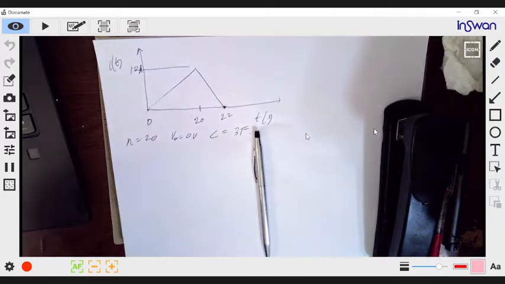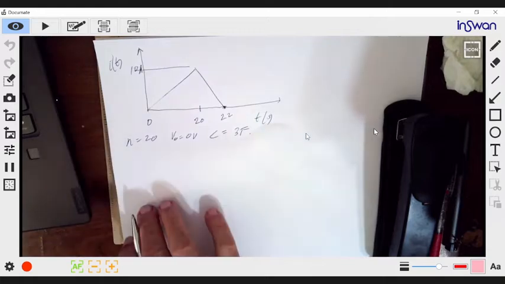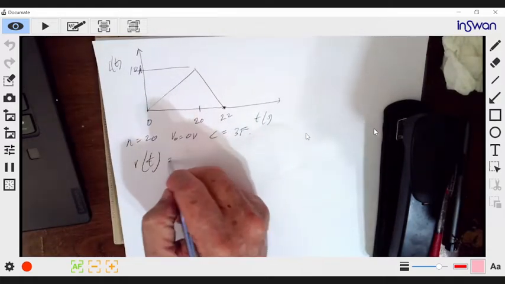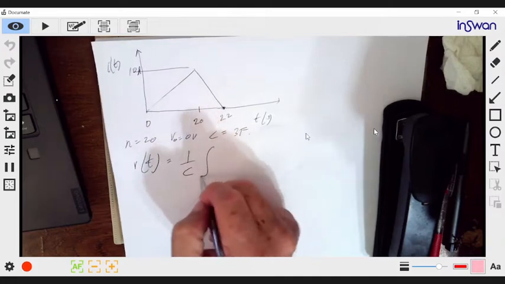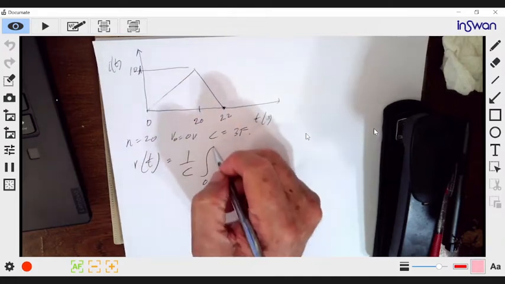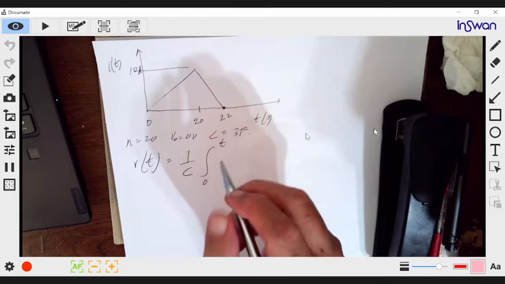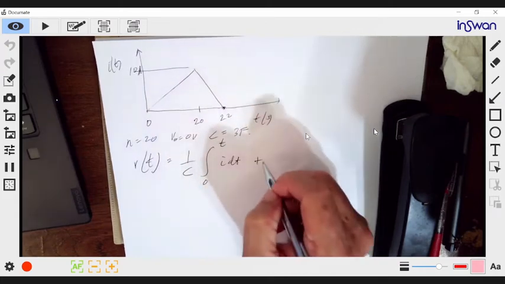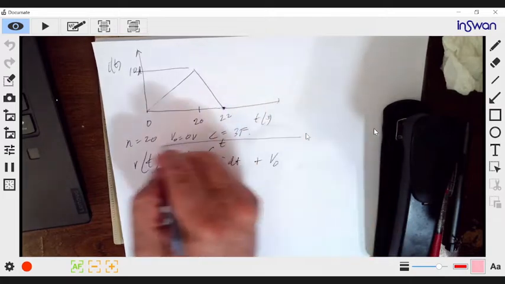The definition that I gave you in this class is that the voltage at any given time is 1 over C, integral from 0 to t, i dt, plus V of 0. That is our definition.